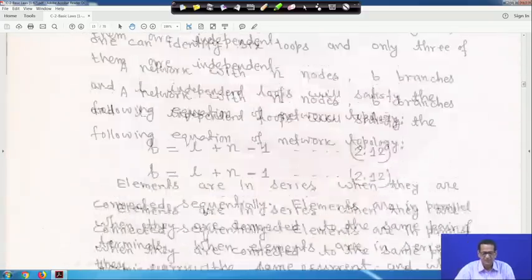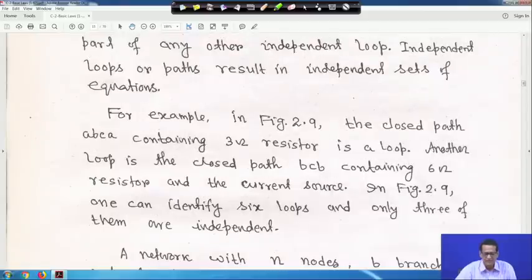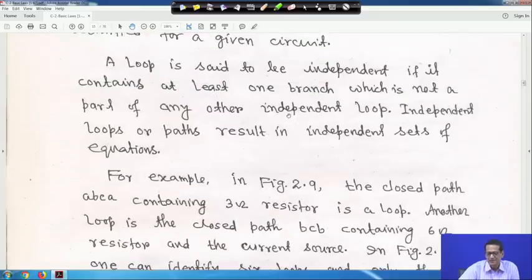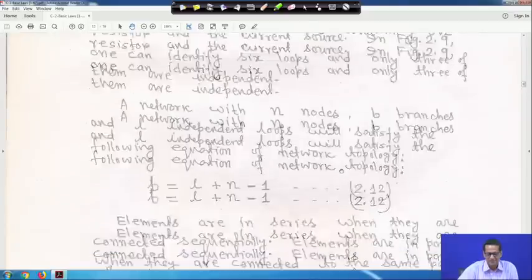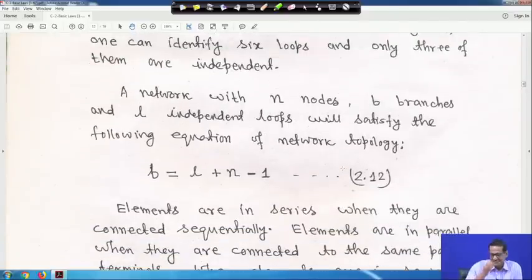Right. So, here everything is written, the two independent loops I have mentioned here, right, but the third one you have to find out, very simple it is, slowly you will know. So, now in a network, if you have n number of nodes, and L number of independent loops and B number of branches, the relationship is B is equal to L plus n minus 1, right.